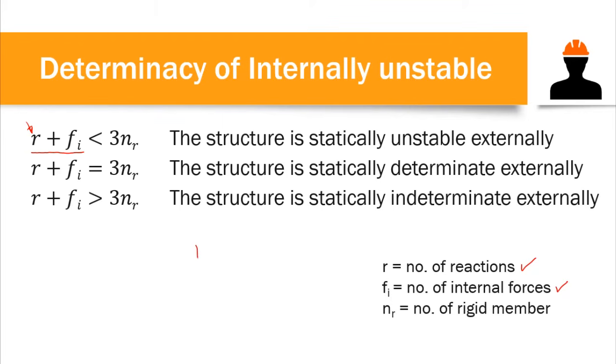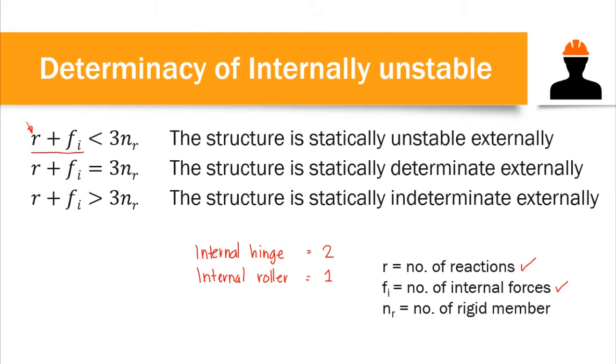If we have an internal hinge, the number of forces is equal to 2. If we have an internal roller, as I discussed earlier, the number of internal forces is equal to 1.